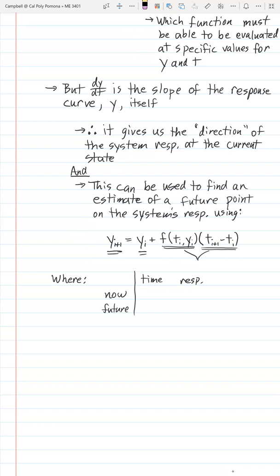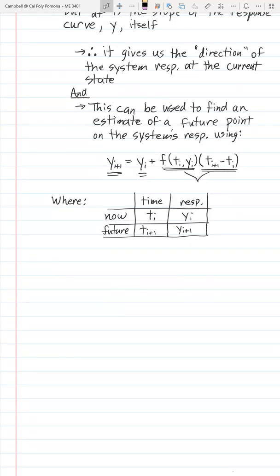And so just to put these definitions in a table, just to make things a little bit easier, our present time is ti, our present response is yi, both of those are assumed to be known. Our future time is ti plus 1. The future value of our response is yi plus 1. And of course, that yi plus 1 corresponds to that ti plus 1.